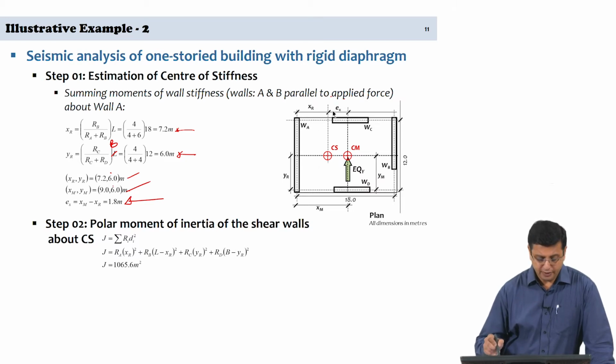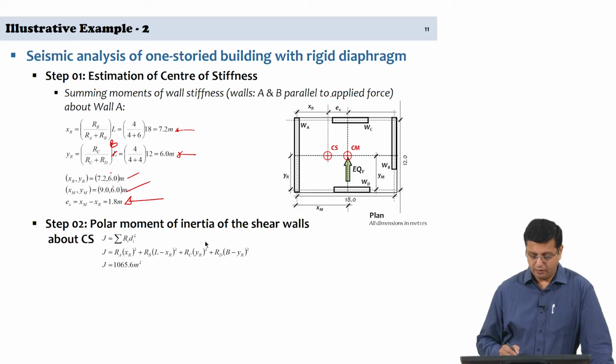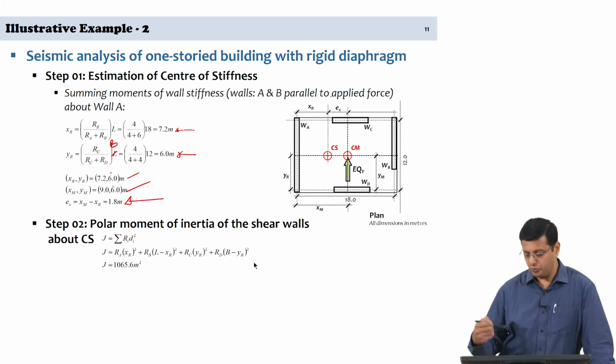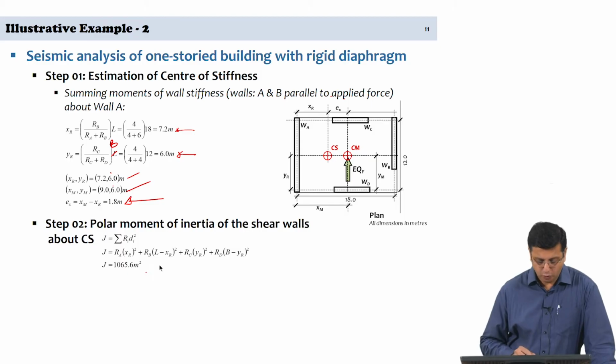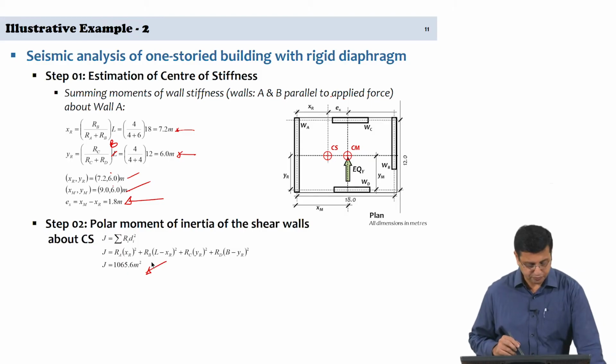into the square of the distance xr squared, relative stiffness of wall B, Rb, into the distance being total length L minus xr the whole square, plus Rc, which is wall C, into the distance yr squared, and relative stiffness Rd into B minus yr, which is nothing but yr in this particular case, B minus yr the whole square, and the polar moment of inertia in this case works out to about 1065.56 meter square.